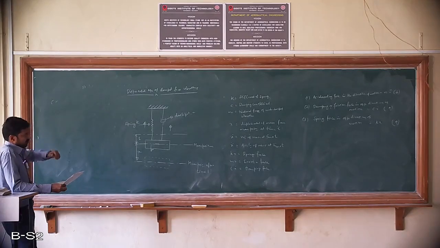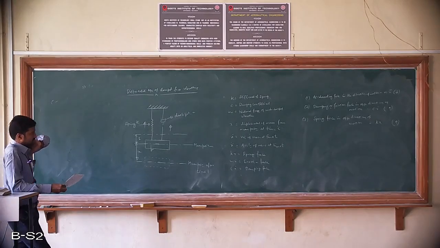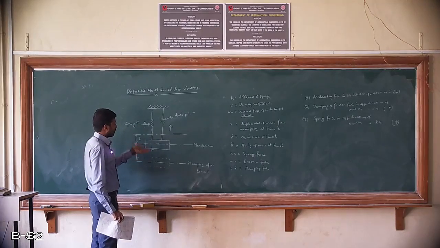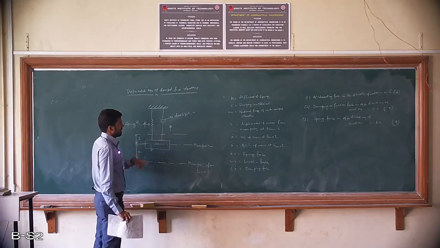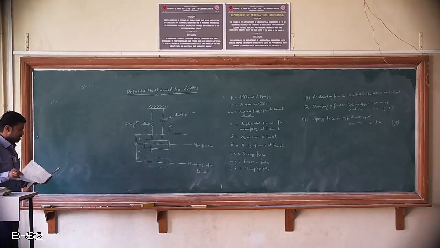The magnitude of inertia force is same as that of accelerating force, but it acts in the opposite direction. So when this mass moves in the downward direction, there will be an equal and opposite reaction for this movement, and that will be same as that of mx double dot, but it will be acting in the opposite direction.